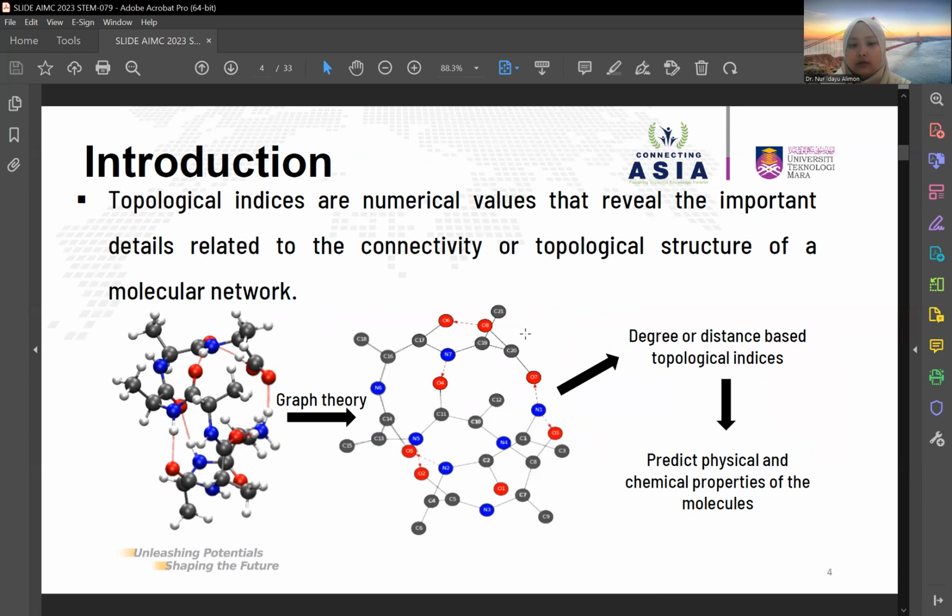In graph theory, we have many types of graph. Based on the graph that we have obtained, we will study the properties, which include the degree and also the distance of the graph, and then we substitute into the formula of topological index. From the value that we get from the topological index, they will predict the physical and chemical properties of the molecules.